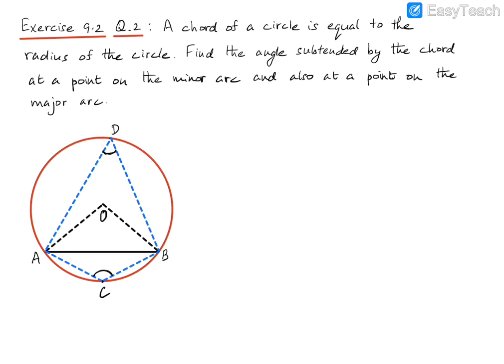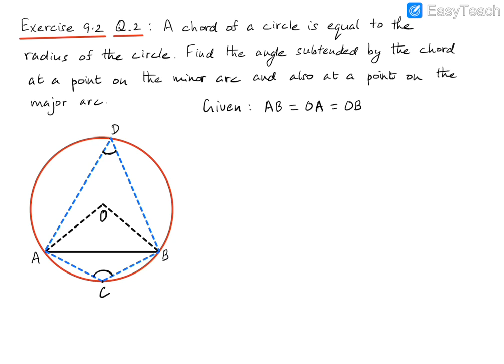And to solve this, what is given to us is that the length of the chord AB is equal to the radius of the circle. So therefore, the chord AB is equal to the radius of the circle OA, which is also equal to the other radius of the circle, OB.